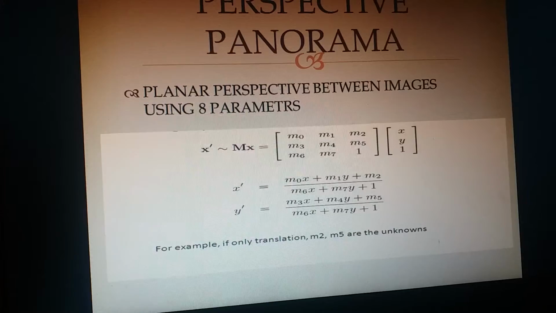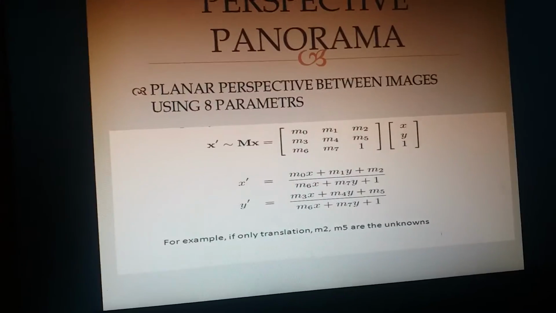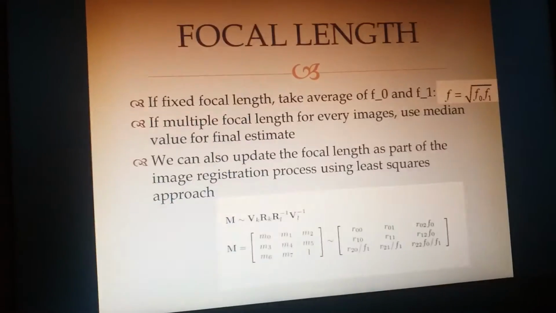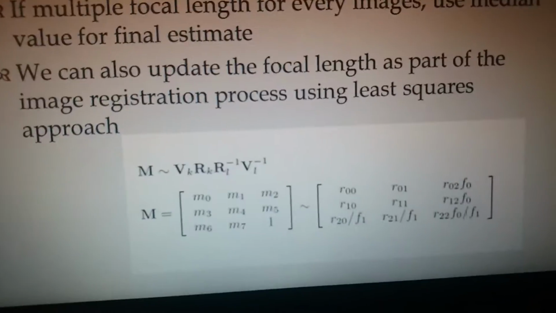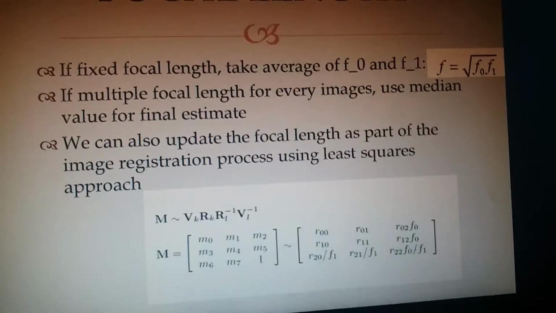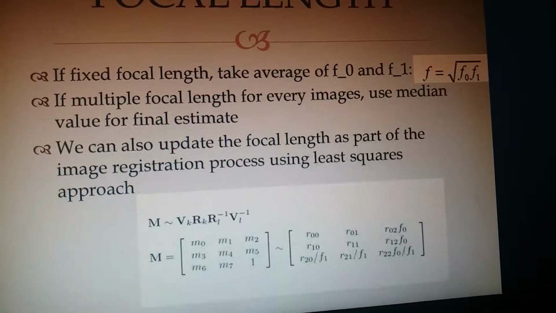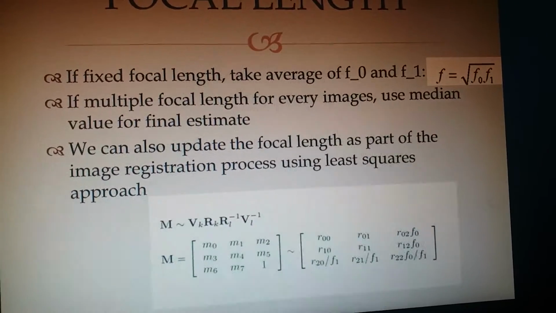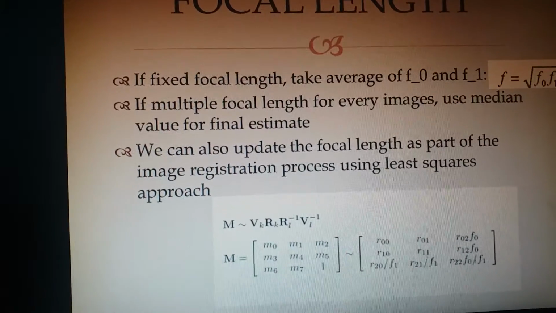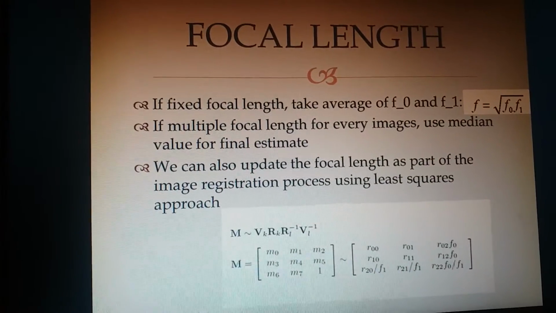So using this we'll be able to calculate the focal length. Yeah, this is the equation. The final equation that comes is that f0 squared is equal to the root of m0 squared plus m1 squared minus m3 squared minus m4 squared by m5 squared minus m2 squared, whole root.